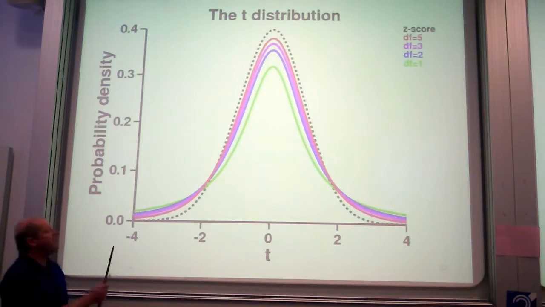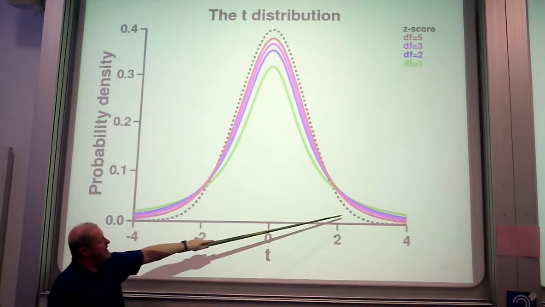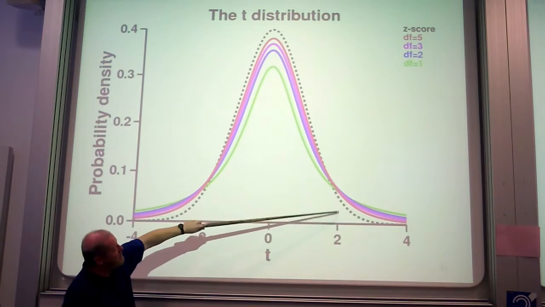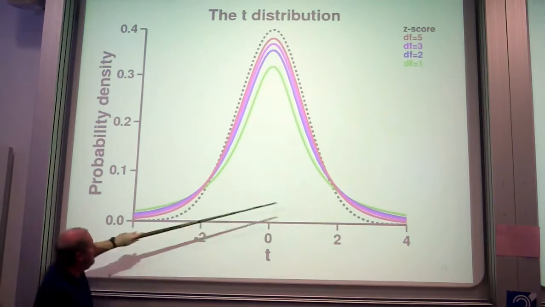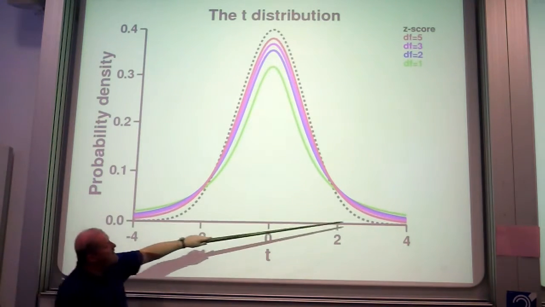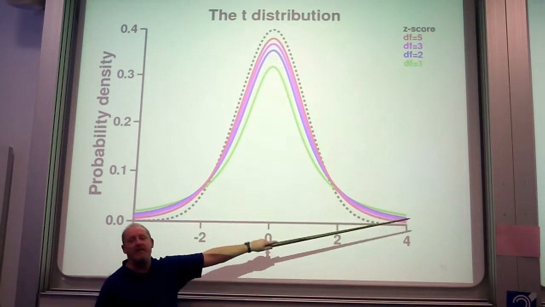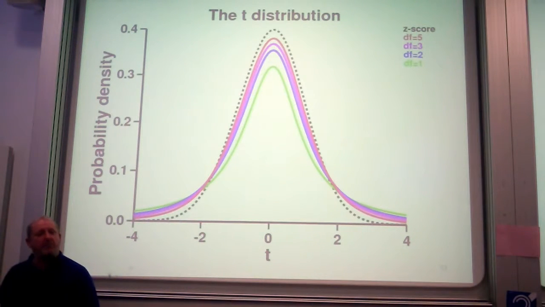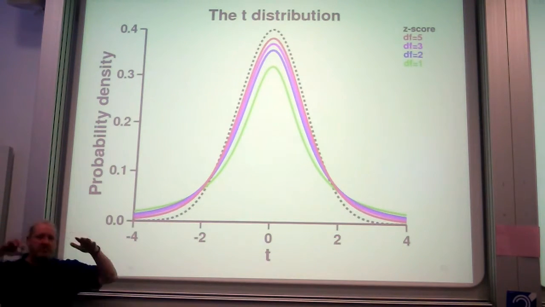What this means is that to get a Z-score bigger than 1.96, so that's 2.5% of the area, and there's 2.5% at this end, you need to get a larger value of T than you would for the Z. It's flattening this distribution and spreading it out.